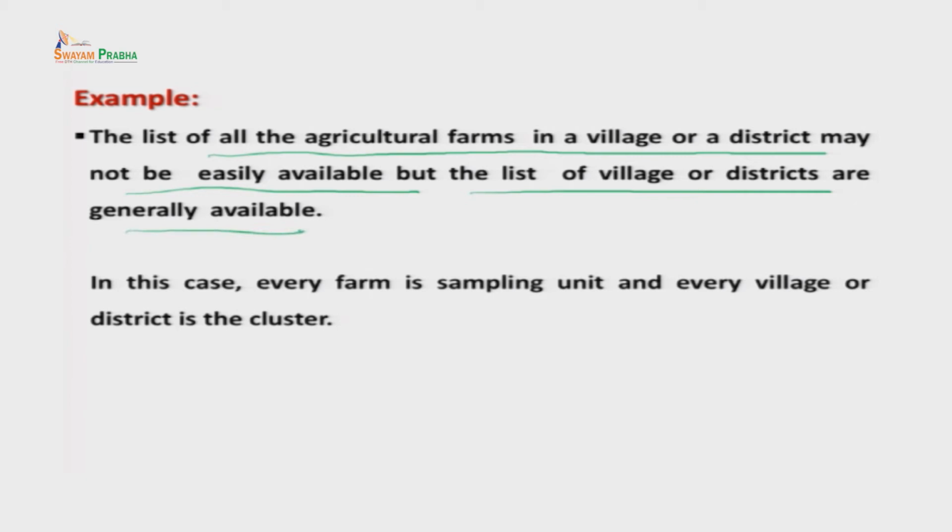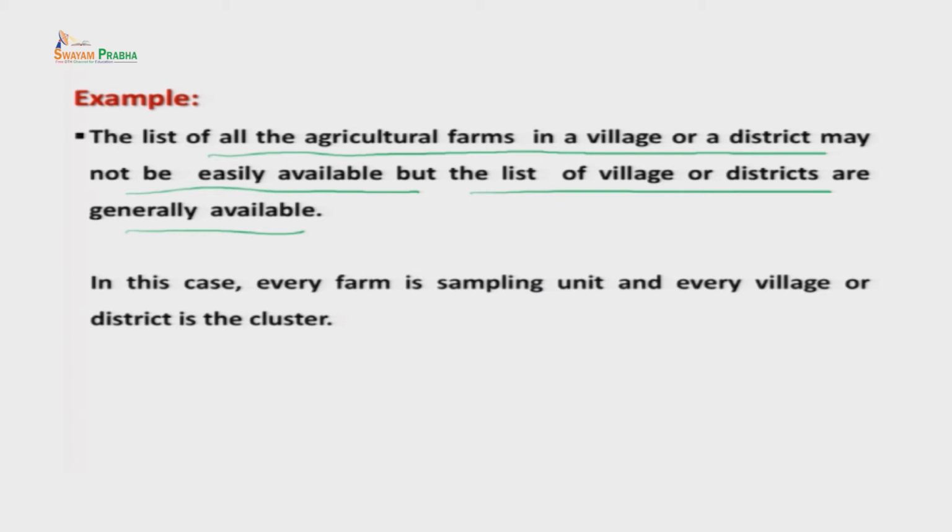For example, if you go to a state and want to study the crop production, that means you have to go to all the fields and see, but the list of all the fields or farms where the crop is being grown may be difficult to know, but definitely the list of villages or districts is usually easily available.